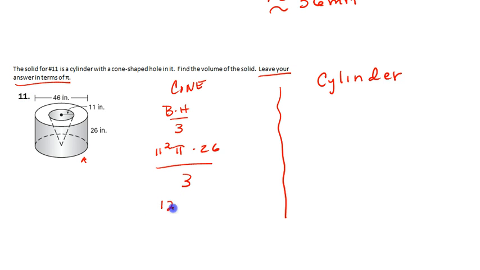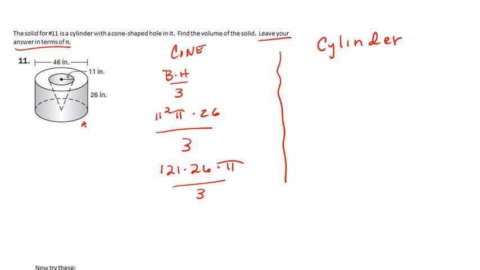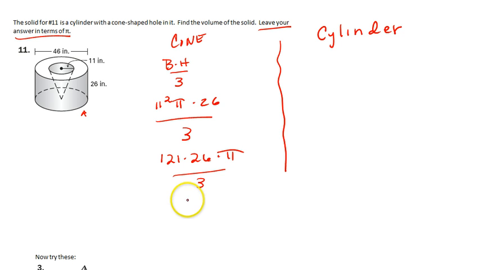So I've got 121 times 26 times pi over 3, which then becomes 3,146 pi over 3. I'm going to divide by 3, and I end up with 1,048 and 2/3 pi. And this is inches cubed. And this is the volume of the cone that's been cut out of the inside of my cylinder.